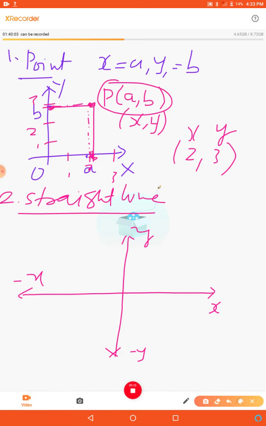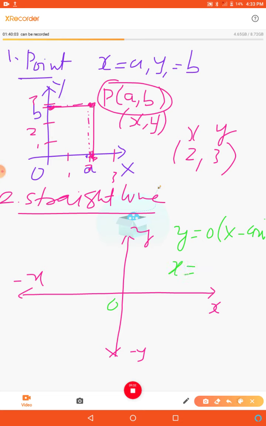Go anywhere along the x-axis, and y will be 0. This is the origin. So the x-axis is represented by y is equal to 0.